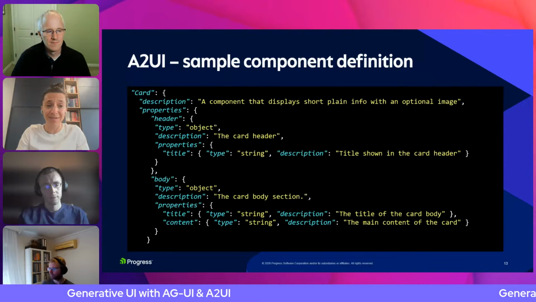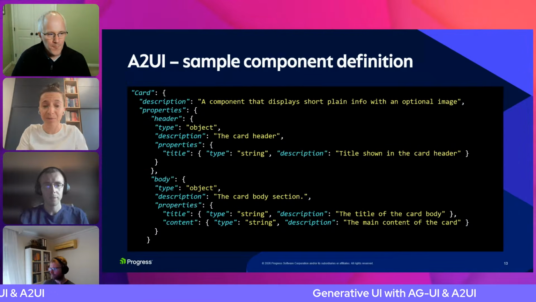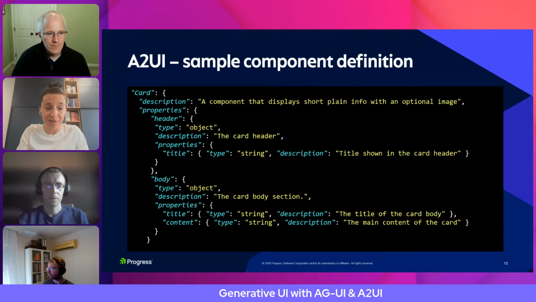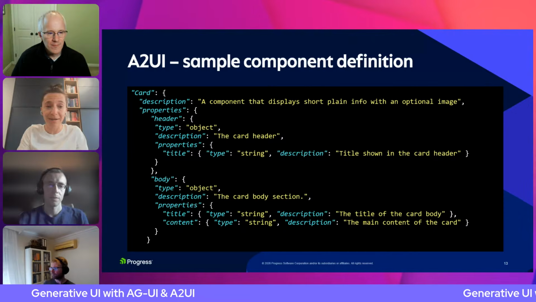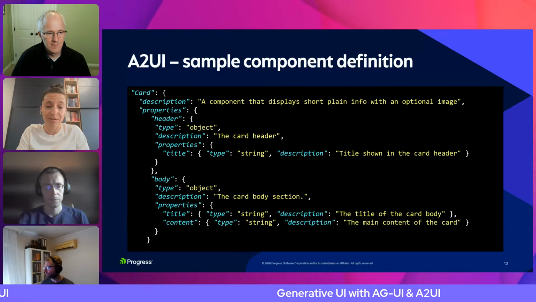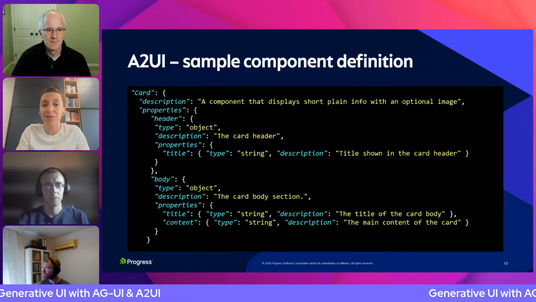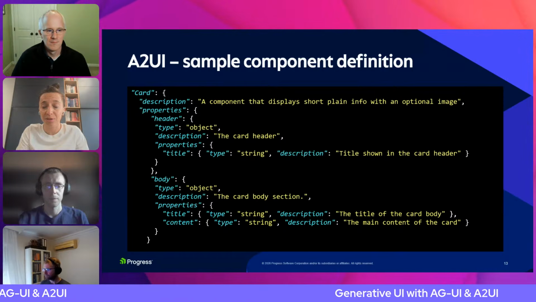So how does something like that look? This is a sample definition of a component, in this case a card. It has metadata that tells the AI what you can use that component for. You have a description that says it is a component that displays short plain info with an optional image.